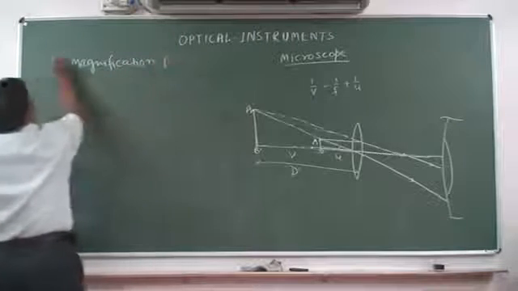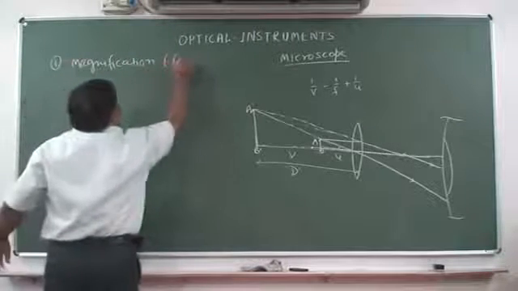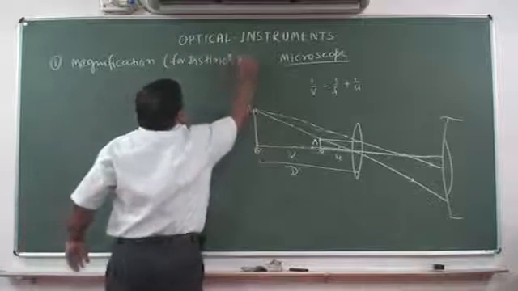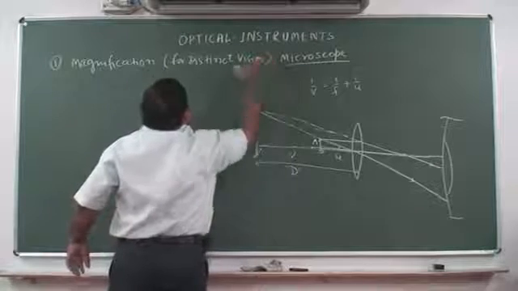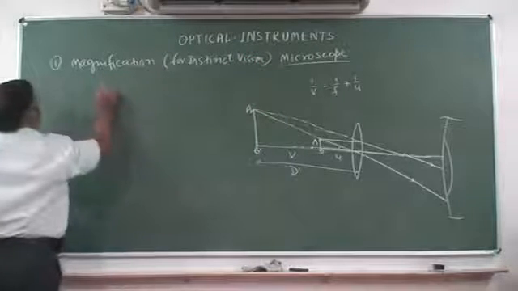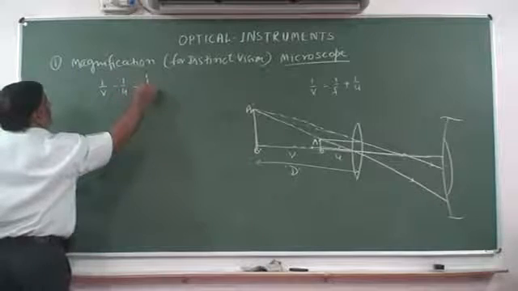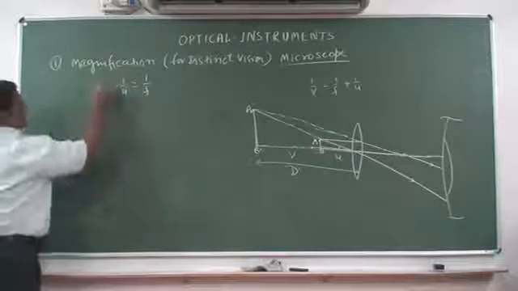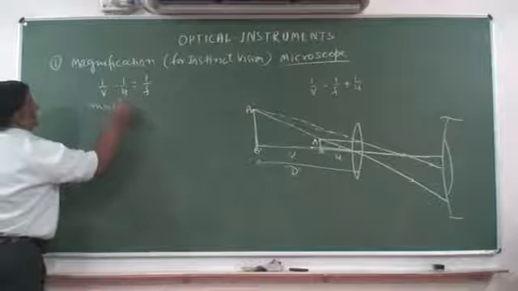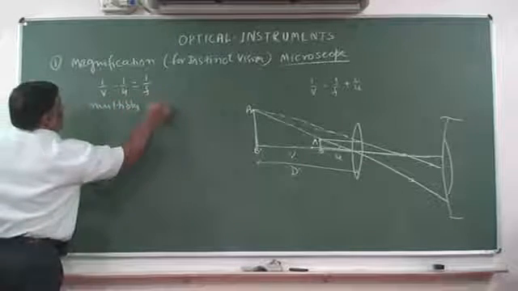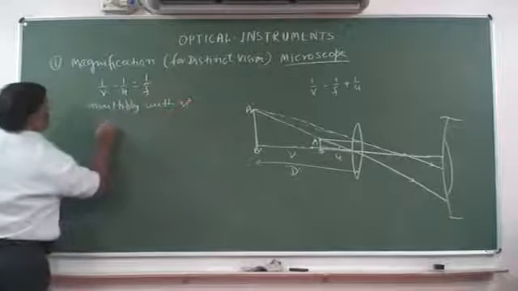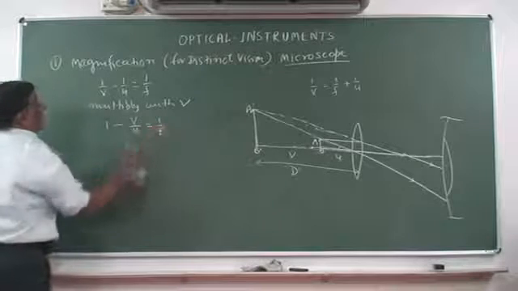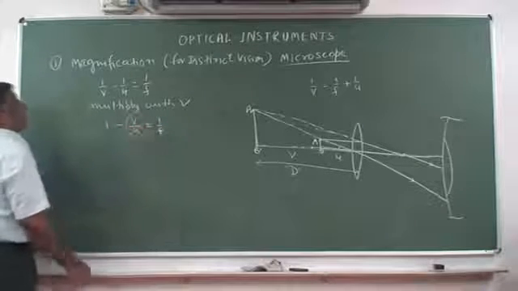Here we write, this is the first case, for distinct vision. 1 upon V minus 1 upon U is equal to 1 upon F. Multiply both sides with V. This will be 1 minus V upon U is equal to V upon F. And this V upon U is what?